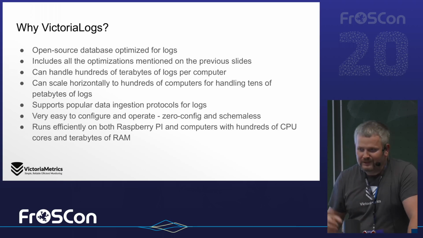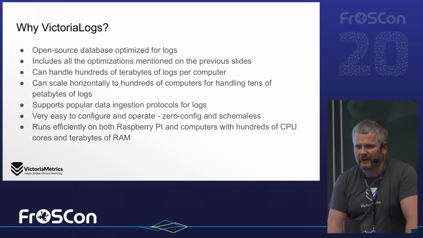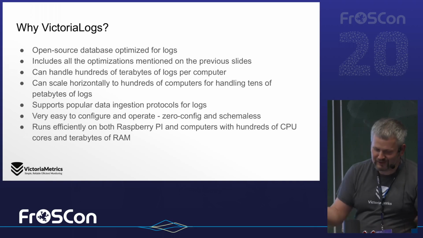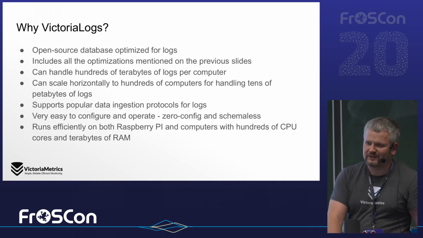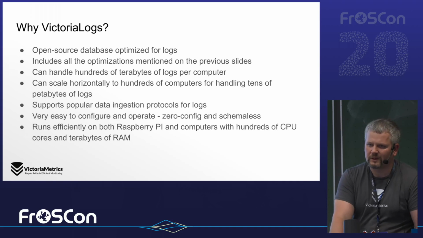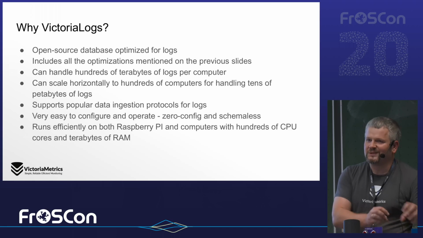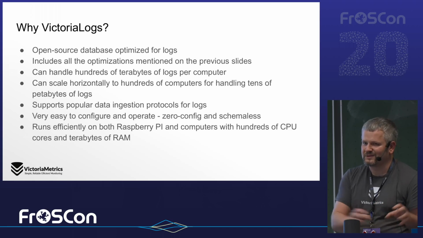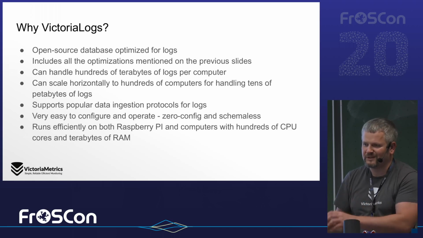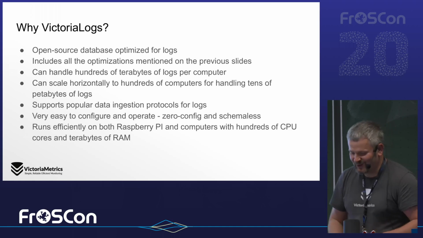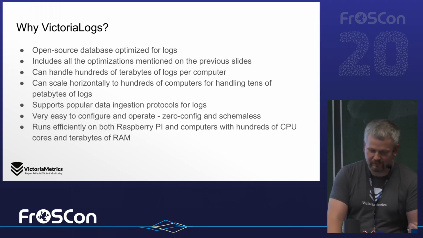And it can scale from very small computers, such as Raspberry Pi, to very big computers, such as some large mainframes with hundreds of CPU cores and terabytes of memory. And you don't need to optimize or tune its config options for both cases. You can run the same binary with the same options, without any configuration options in both cases, and get the maximum performance in both cases.